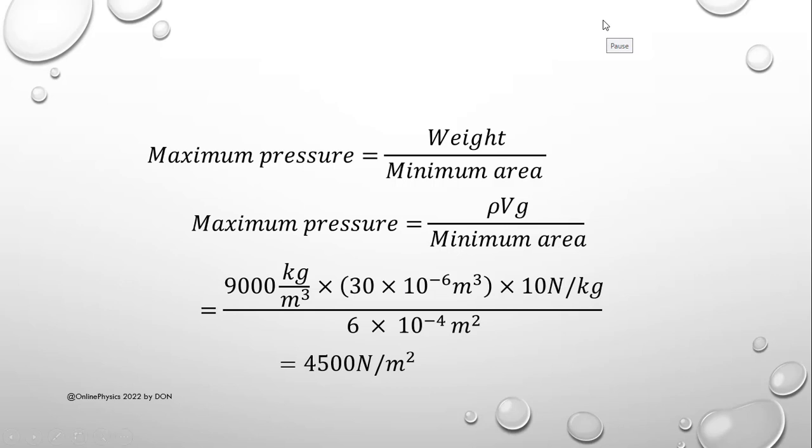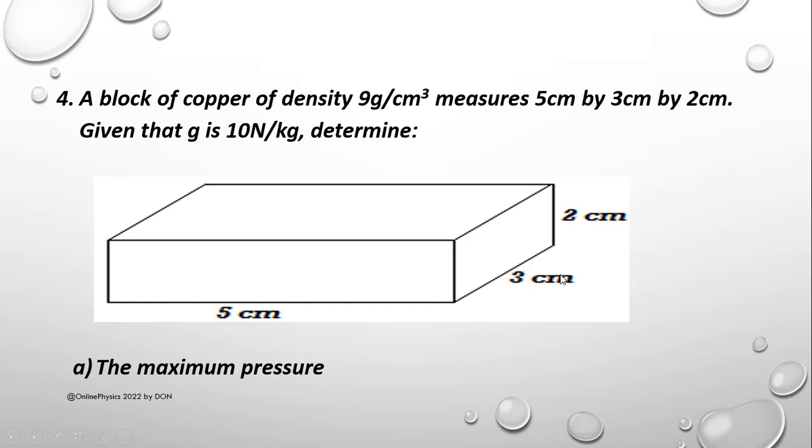What is the minimum area in this case? Minimum area is the face that will give us the least area, and from our diagram you can see it's 2 times 3, which will give us the minimum area, not this other one.